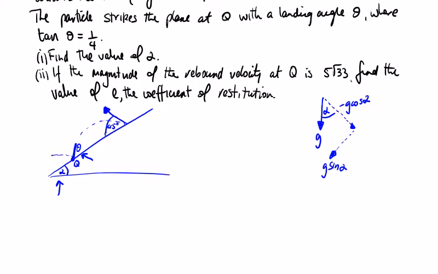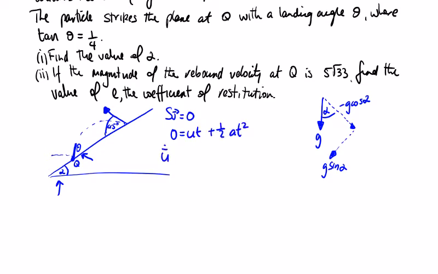So the range in j at the strike at Q is equal to 0, or the distance traveled in the j direction. But if we say 0 is equal to ut plus a half at squared, we have information to fill into this.